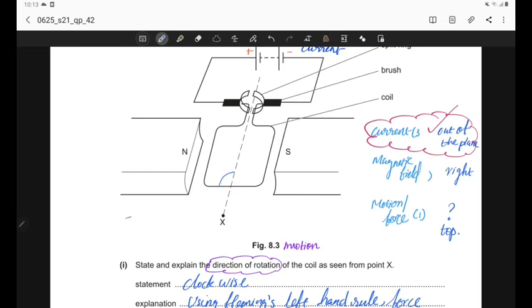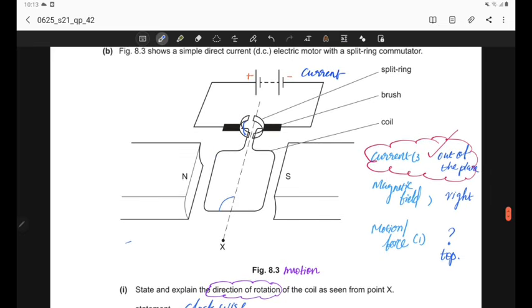it will become vertical. So not only the coil but this commutator, these split rings will also rotate 90 degrees. That means these gaps between the split rings will rotate 90 degrees. So the gaps will reach the place next to the brushes.